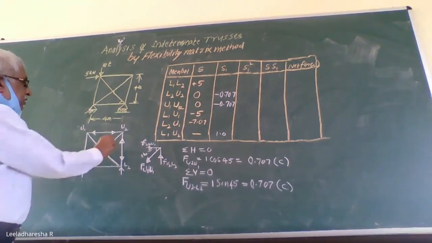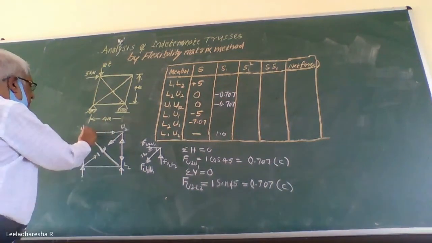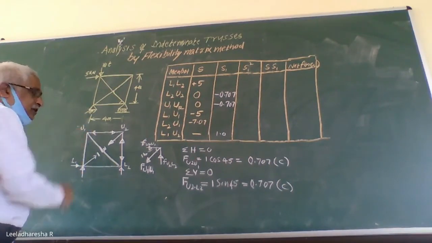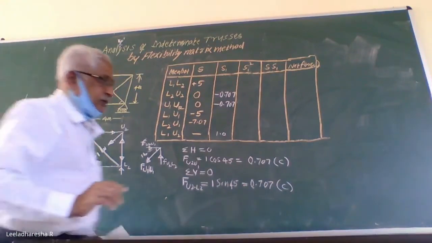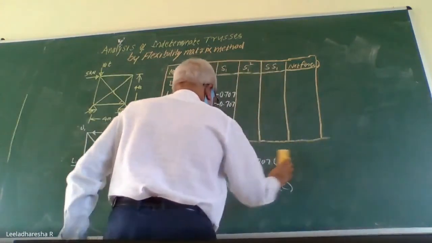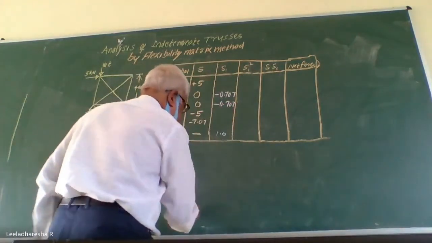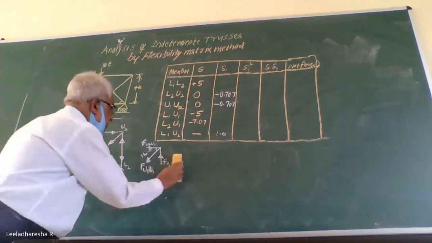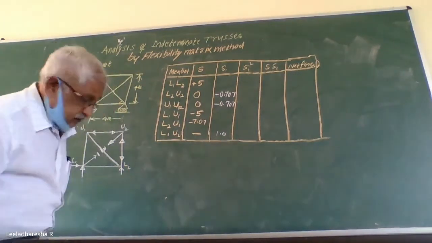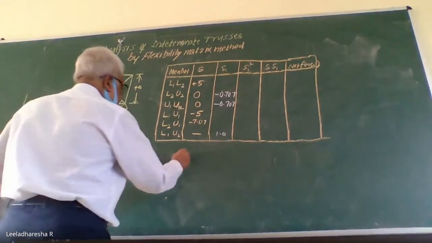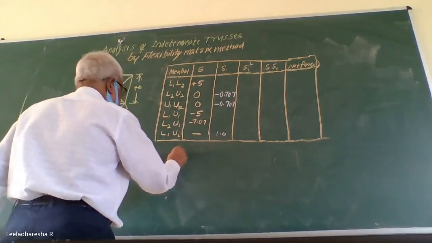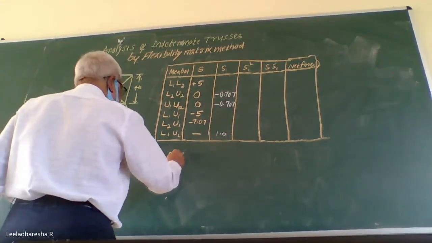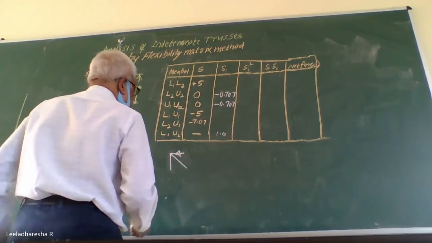See, we determined 1, 2, 3 members. We will consider this particular joint. Consider equilibrium of joint U1 and draw the free body diagram of all the forces acting on this. Now considering equilibrium of the next joint, that is joint U1, there is a horizontal force member, force in this member is compression, there is a vertical member and there is a diagonal member.